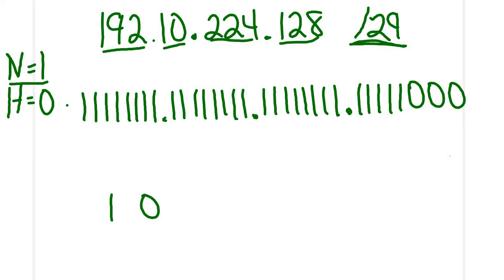For my first one, I could have a 0 and a 0. I could have a 1 and a 0. I could have a 0 and a 1. Or I could have 2 1s. So there are 4 possible combinations of the numbers 0 and 1 when I have 2 that I need to combine.